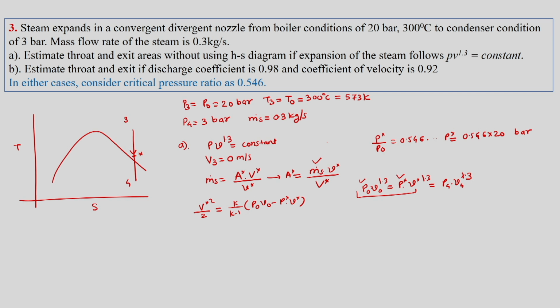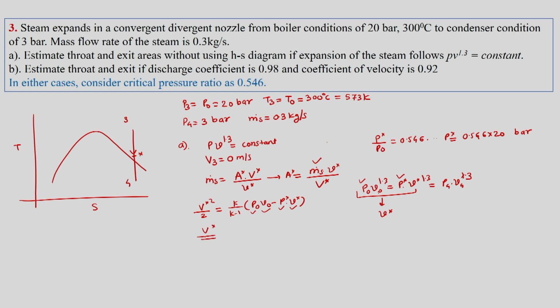Knowing P naught, V naught and P star, we can find V star. So the specific volume at the sonic state is found out. P star is known, P naught is known, V naught is known, K is equal to 1.3, and we found V star.